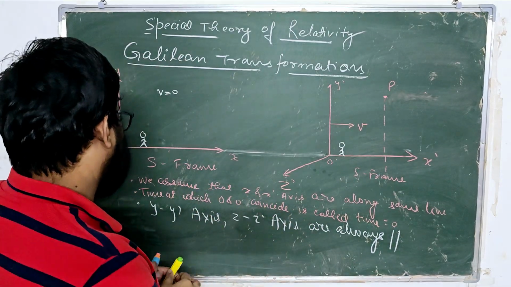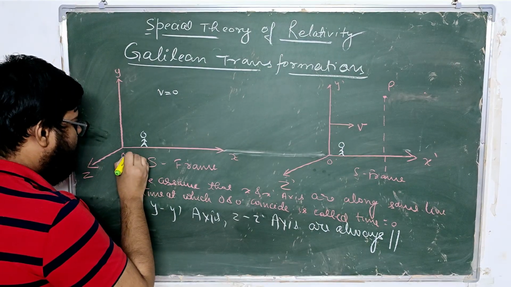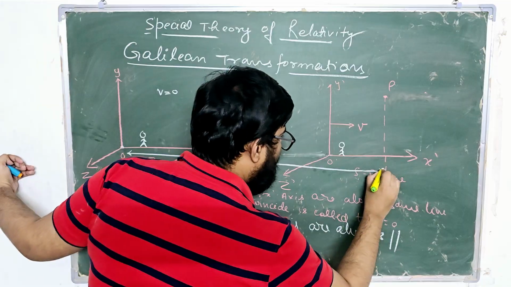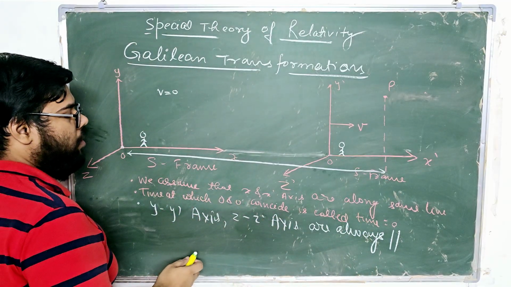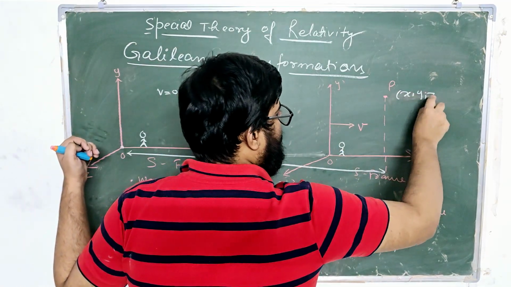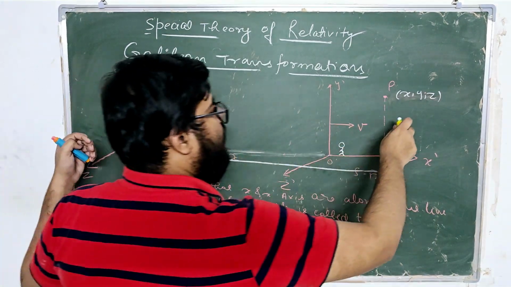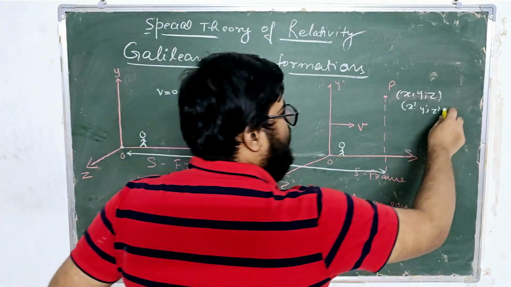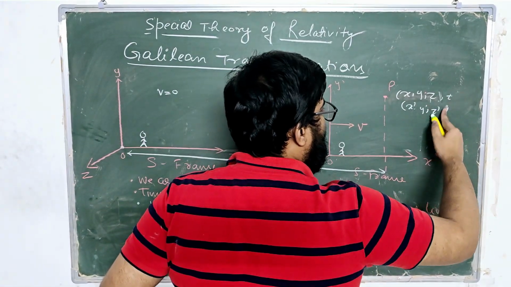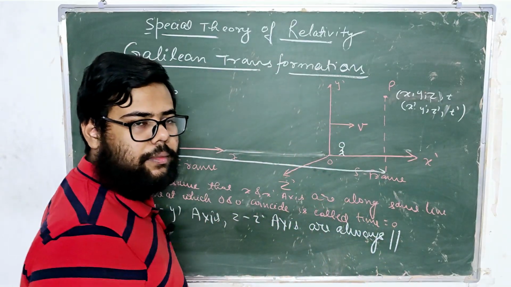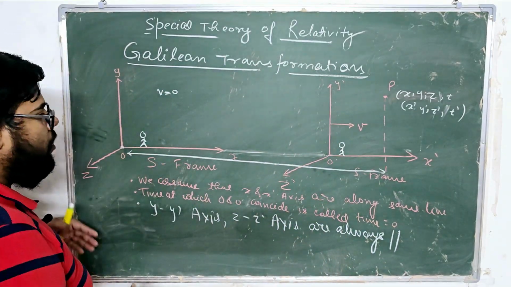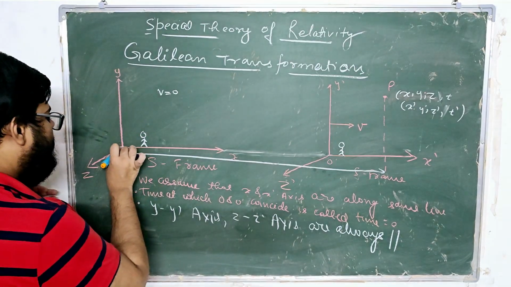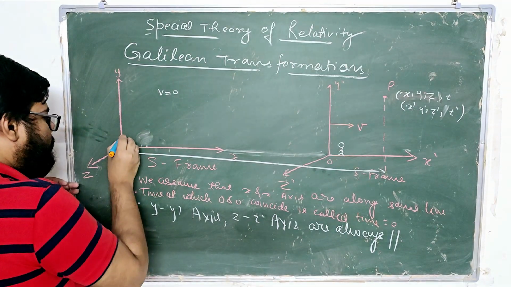This distance from here till here, suppose I name it x, y, z with respect to this frame of reference, and x dash, y dash, z dash with respect to the S dash frame, and time is t, and over here let's assume t dash. So what is the relation which we have? We are calculating with the observer at the origin, of course.